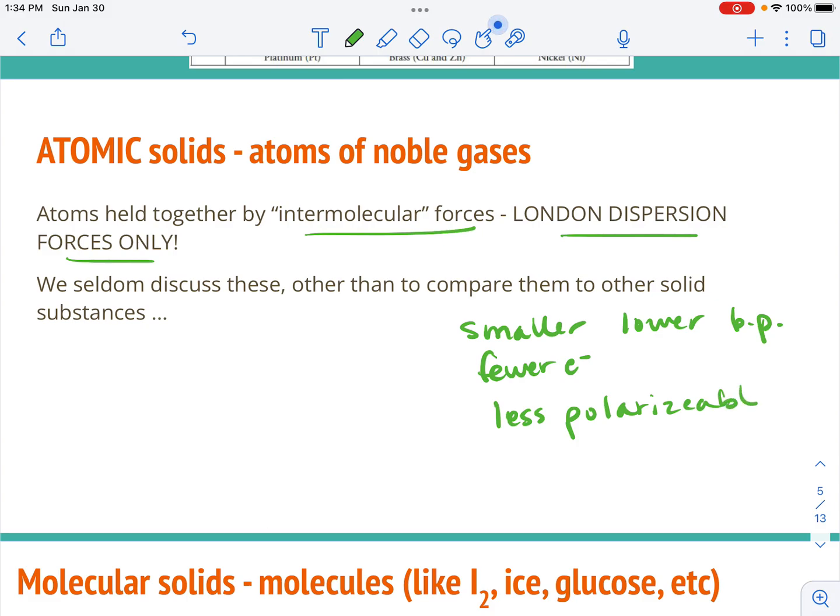And remember that that's your terminology for London dispersion forces: you want to be talking about the number of electrons or the polarizability of the electron cloud. So it's a less polarizable electron cloud. Helium is smaller, and argon or krypton is larger, so helium definitely has a lower boiling point than argon. And so we would talk about it for those reasons.